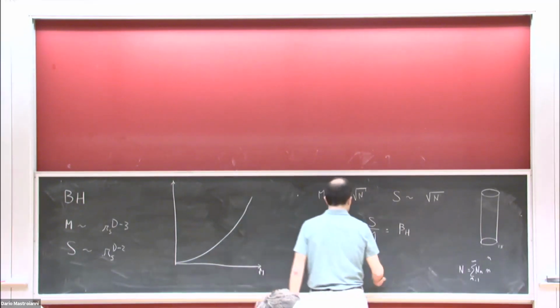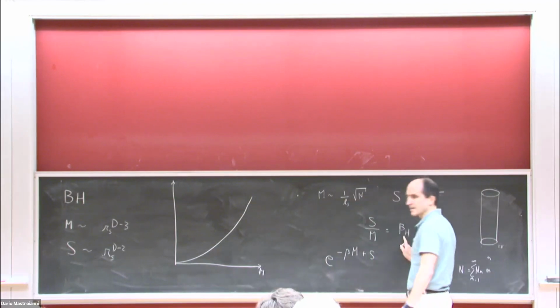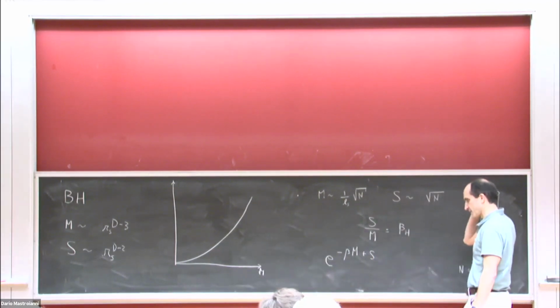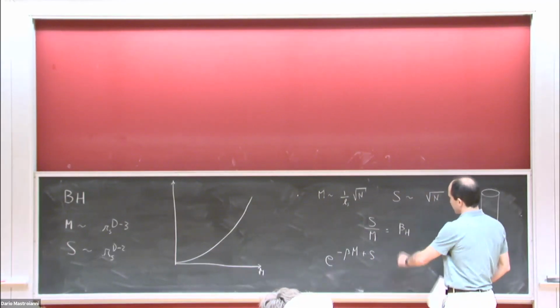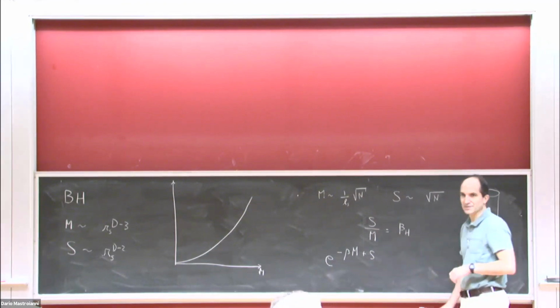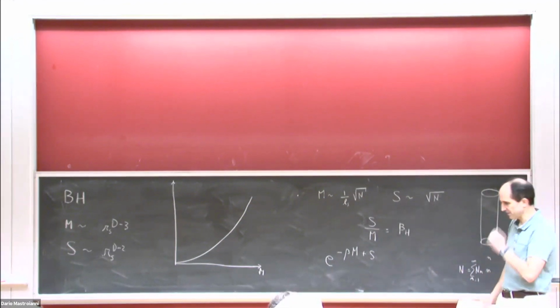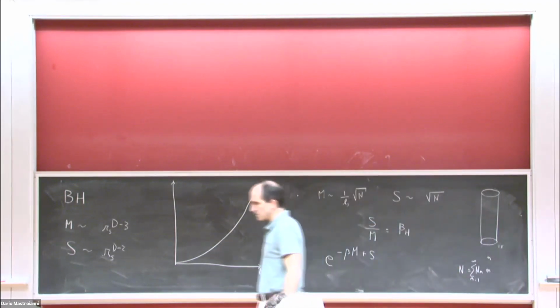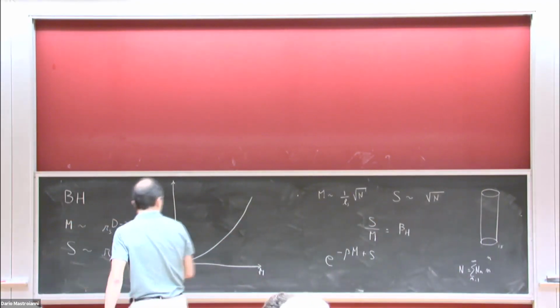This sum will diverge if beta is less than beta_H. And so for that reason, this is called the maximal temperature. So 1 over beta_H is the maximum temperature. But okay, so that temperature is important.